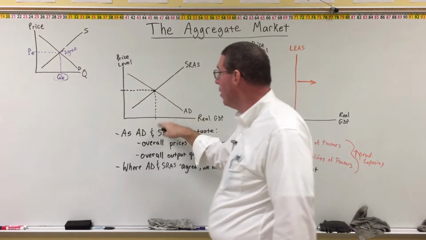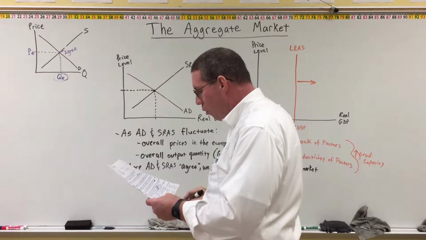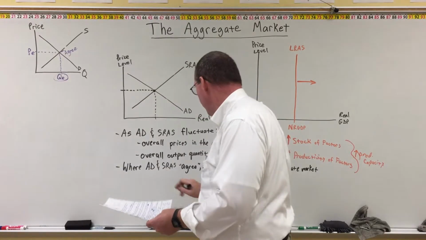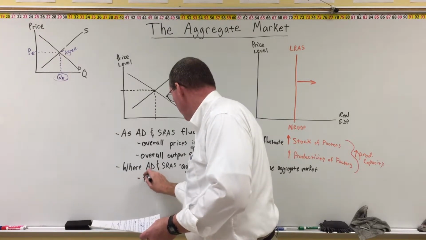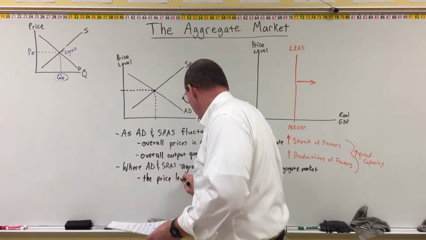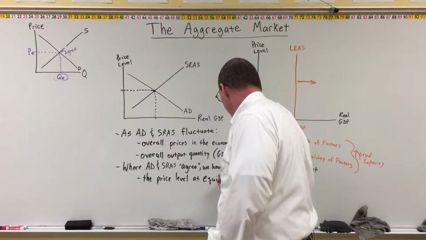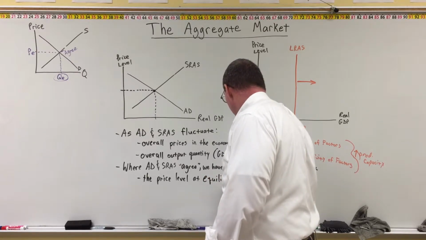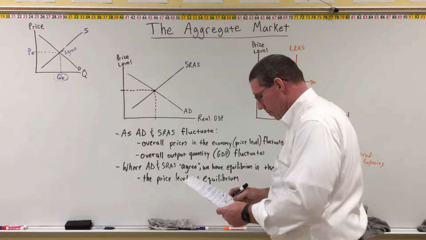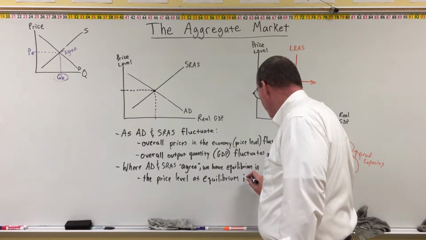And we do have special names for these things, okay? So where they agree, the price level at equilibrium, the price level is the economy's consumer price index, or CPI.